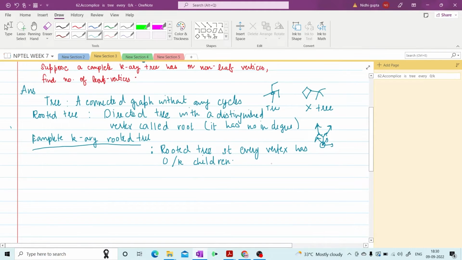Every vertex has 0 or k children. So what do we mean by children? Children refers to the edges going out from a vertex.